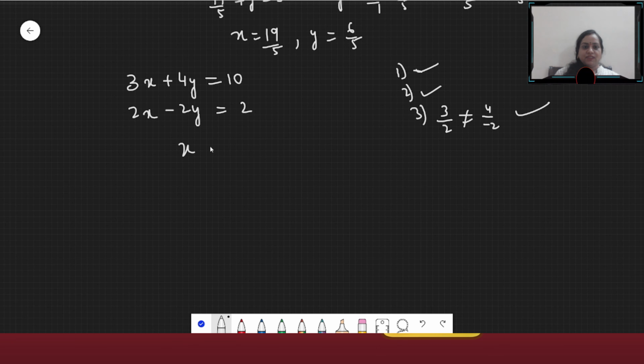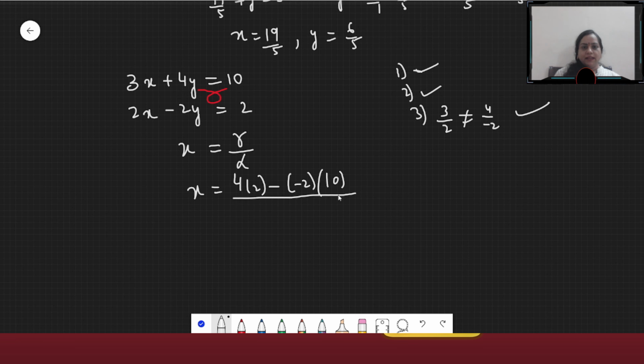Now, we know x is equal to r by alpha. Let's make the path of r and alpha over here. This is r. So you will get x is equal to, we'll follow the path, 4 into 2 minus 2 into 10, by alpha.